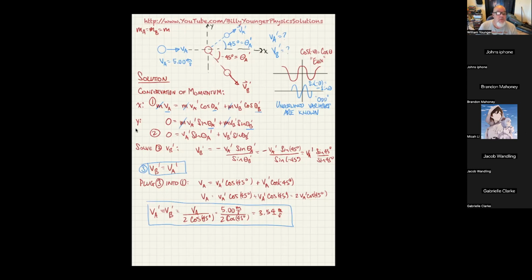I'm not sure what number it is in this one, or if they've even gotten rid of that problem from the 4th edition to the 5th edition. But the main thing is, it turns out if you happen to have an elastic collision in 2 dimensions where the target's sitting still and the initial particle's moving, then the 2 particles will leave at 90-degree angles separated from each other. So that's just a fact whenever the collision is elastic. So that's kind of neat, something you can use.